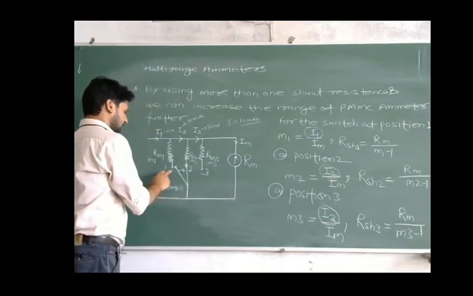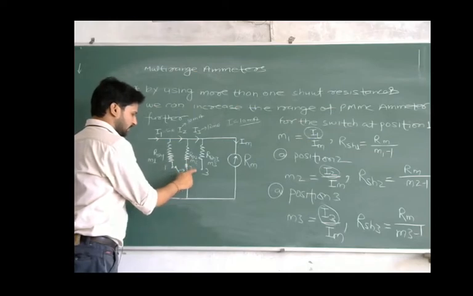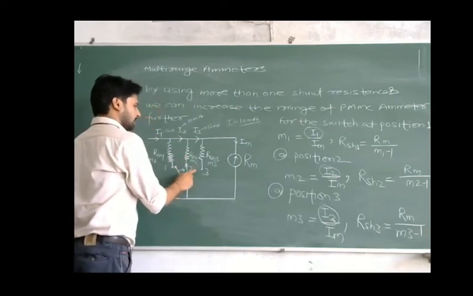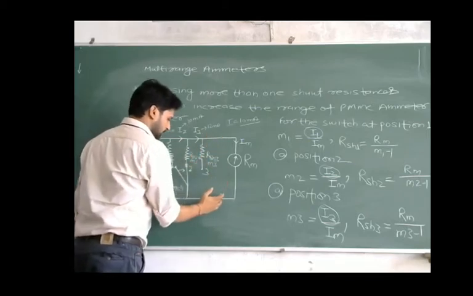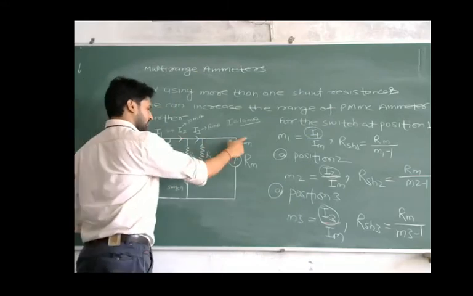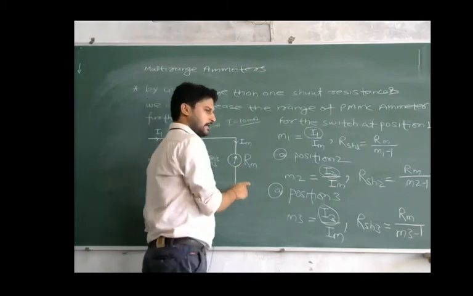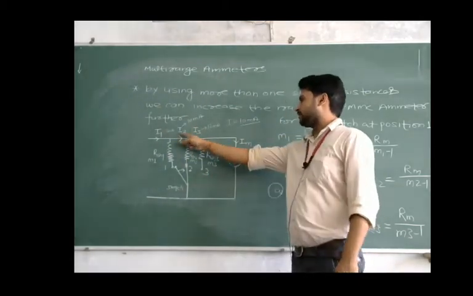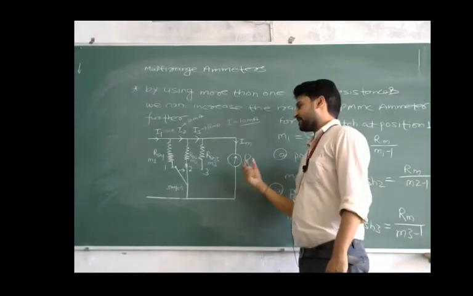No resistance is connected in the shunt to the PMMC instrument, and the total current I1 passes through this ammeter, and this high value of current can destroy the PMMC instrument.